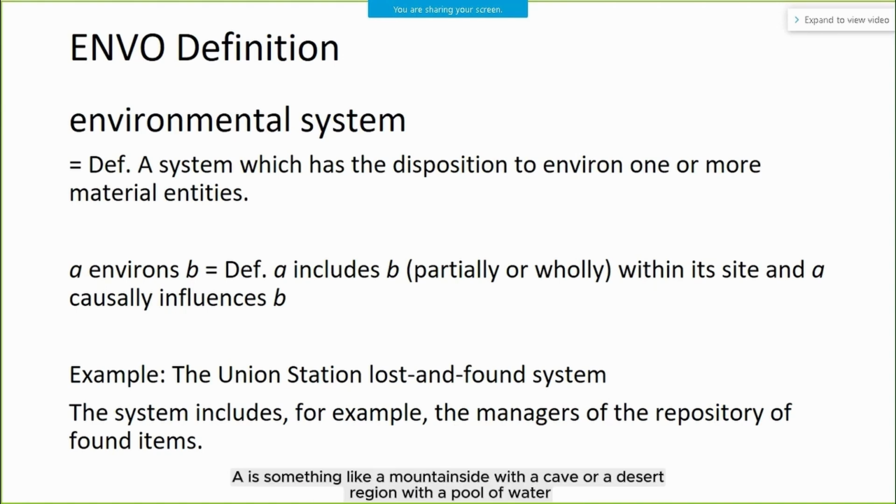A is something like a mountainside with a cave, or a desert region with a pool of water or some kind of water source. And B is something like an organism, and B is in A and causally influenced by A. So not just passing through A, but actually interacting with the environment of A.